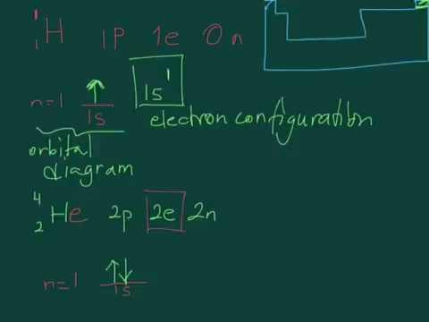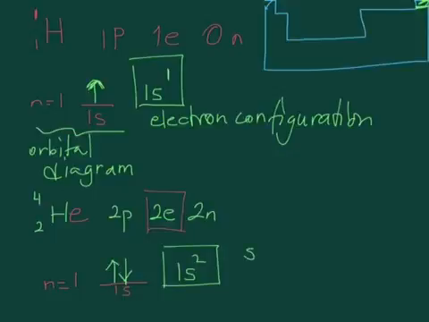The electron configuration for this atom is first energy level, 1s2. Finished. We can see that in the helium atom, the first energy level is completely filled.